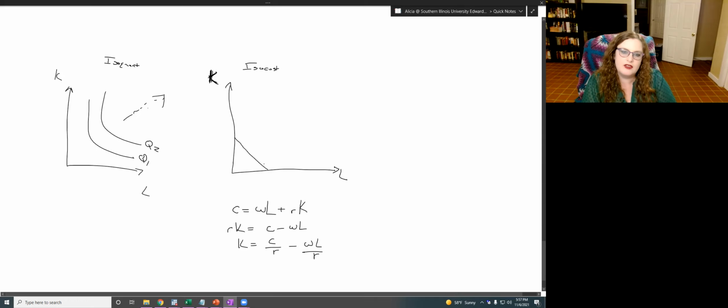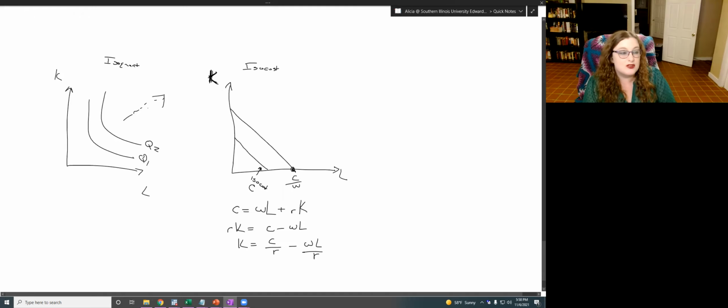So let's say that this might be isocost C. For some amount of total cost C, maybe we call that $100, this is the amount that we can produce. Maybe we continue on out. If we spend all our money on labor, then we're going to have whatever that cost is divided by that wage rate.